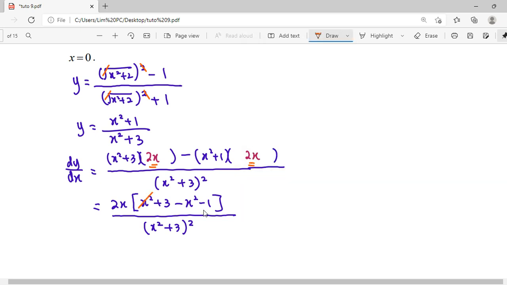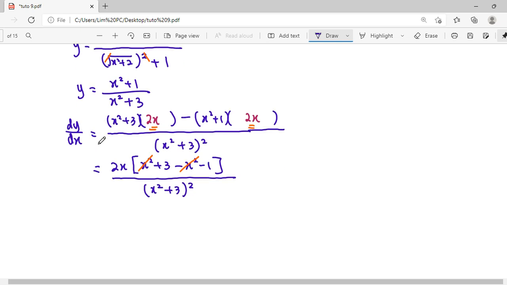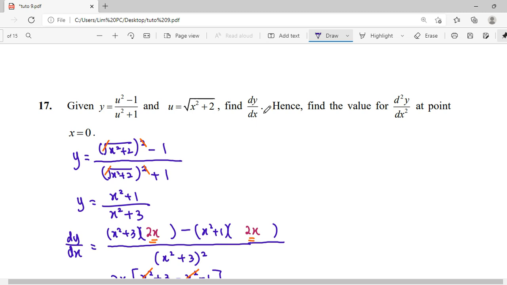And then x squared minus x squared simplifies. Finally, the constant is 3 minus 1, which is 2. 2 times 2 is 4. So that will be our first task of this question, find dy/dx.